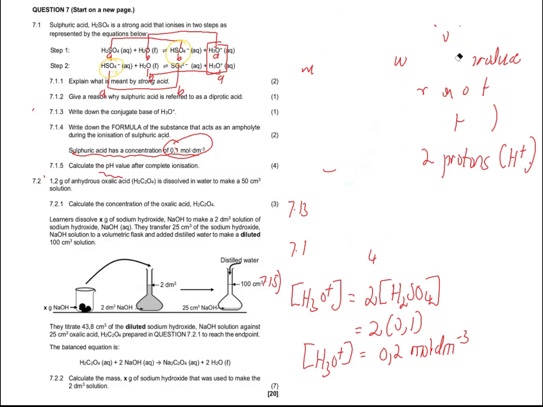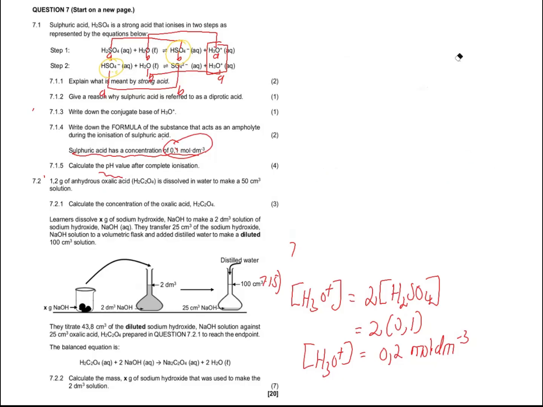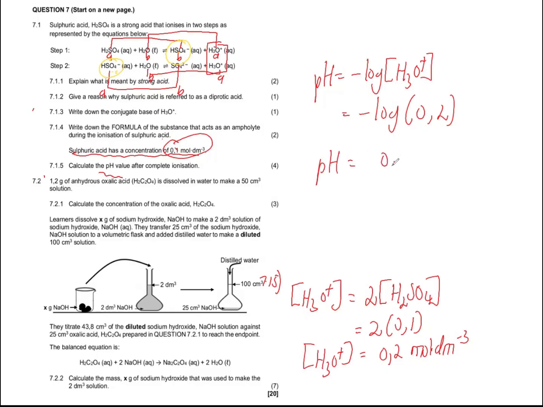This is the formula. pH is equal to negative log of H3O plus, so negative log of 0.2. Punch it in your calculator, you get a pH of 0.70. That's it. Awesome. So now you have your calculation question like that.